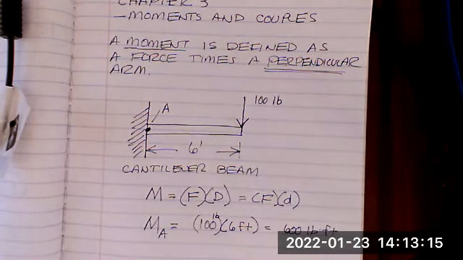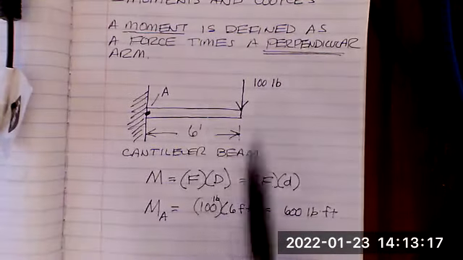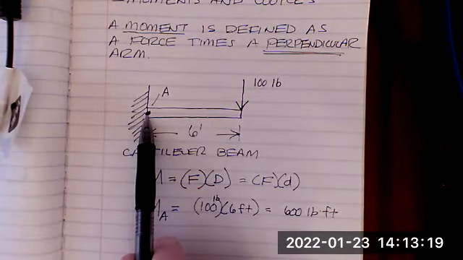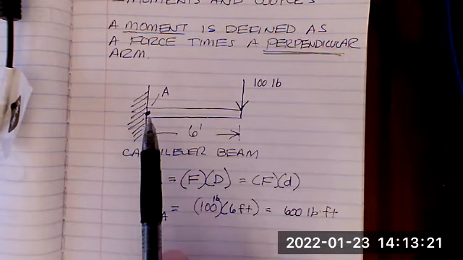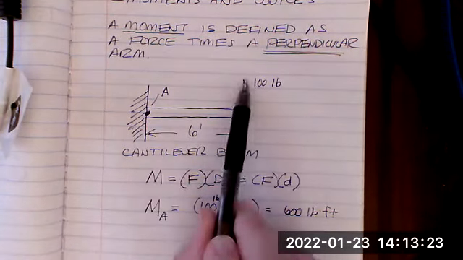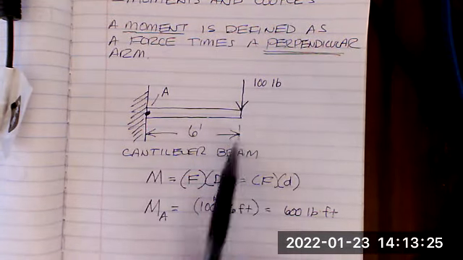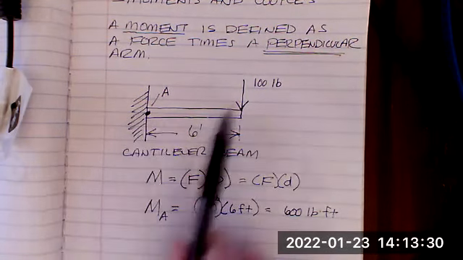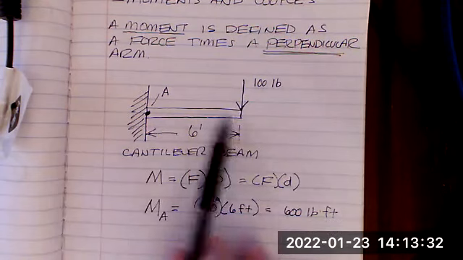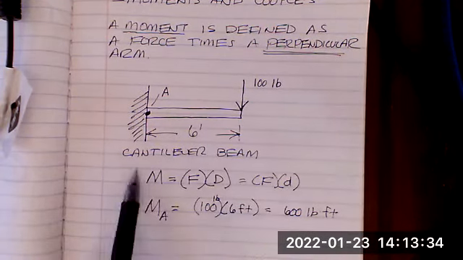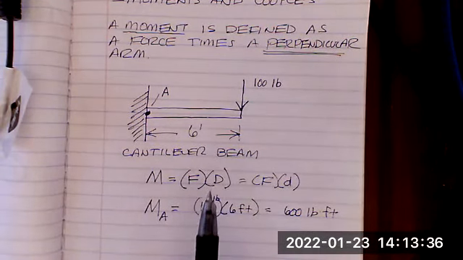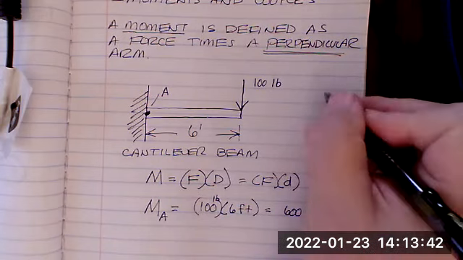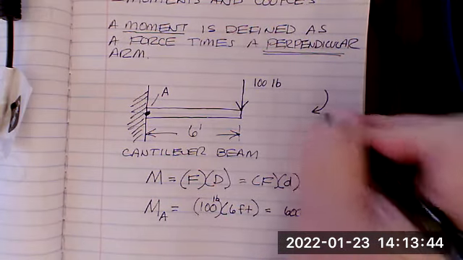Now, here's the thing about this problem. If you look at this point A and just imagine that being a pivot point and you're applying a force here, this force will cause a clockwise rotation about point A. So in statics, a clockwise rotation, we have to give it a negative sign.